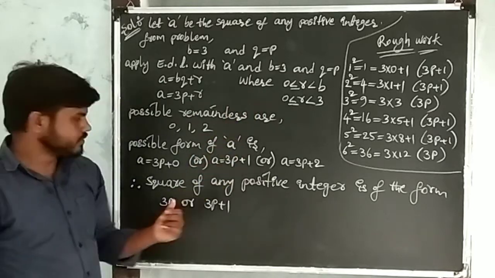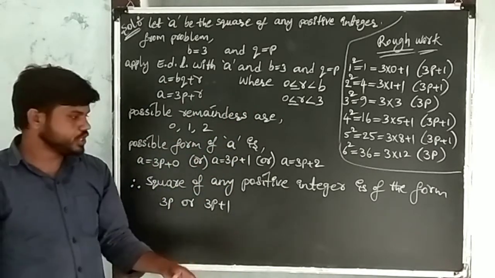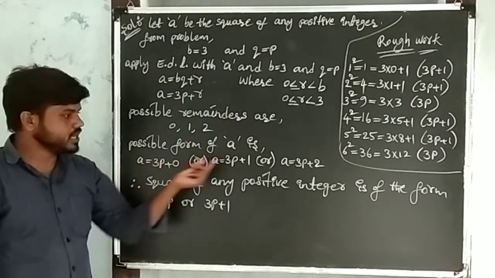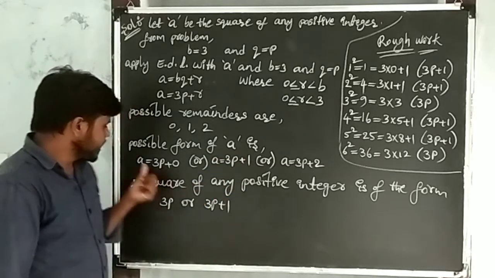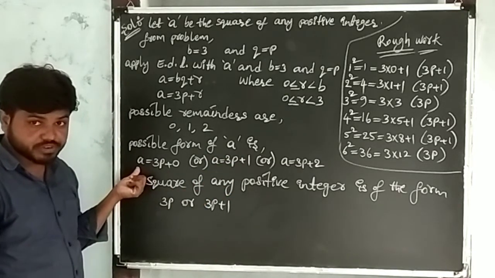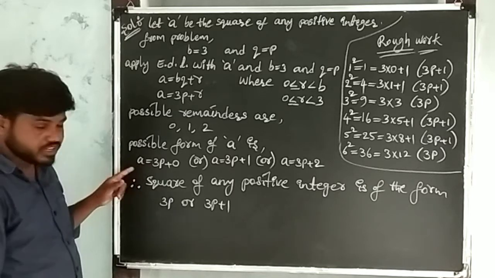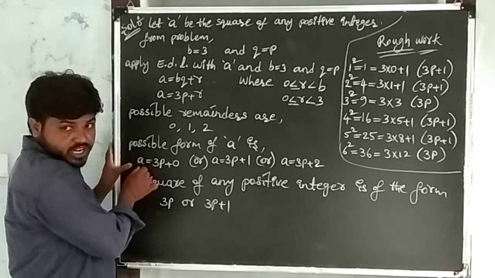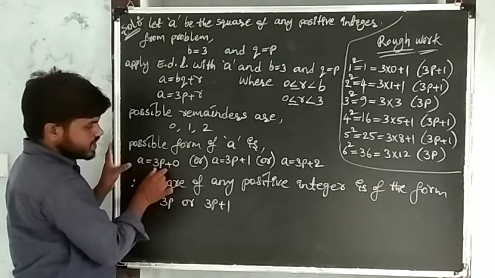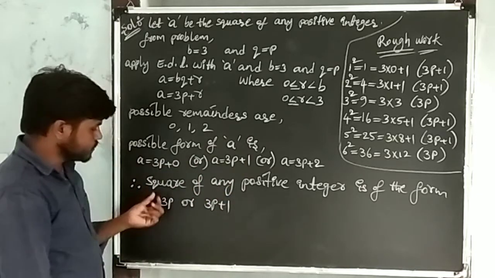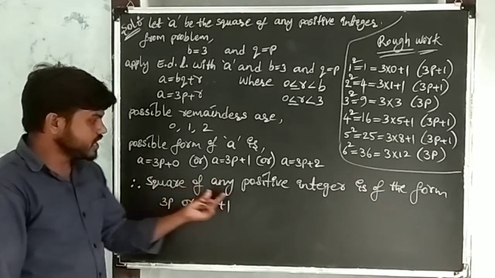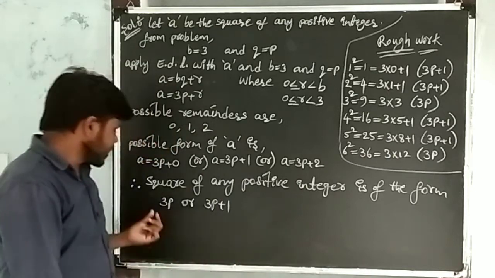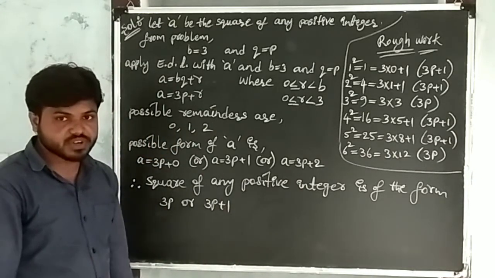See, from the rough work we can say the square of any positive integer is of the form 3p or 3p plus 1. Here, what is a? The square of any positive integer. We got this a, the square of any positive integer, in the form of 3p or 3p plus 1. Therefore, the square of any positive integer is of the form 3p or 3p plus 1.